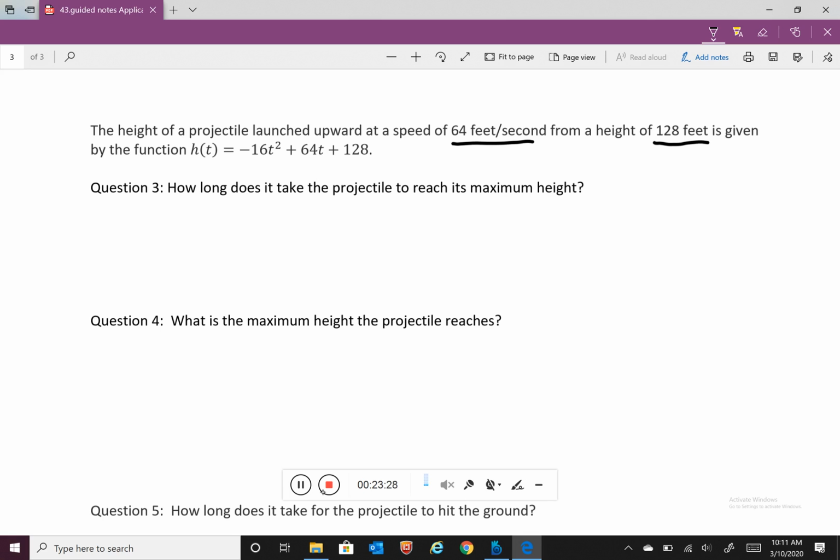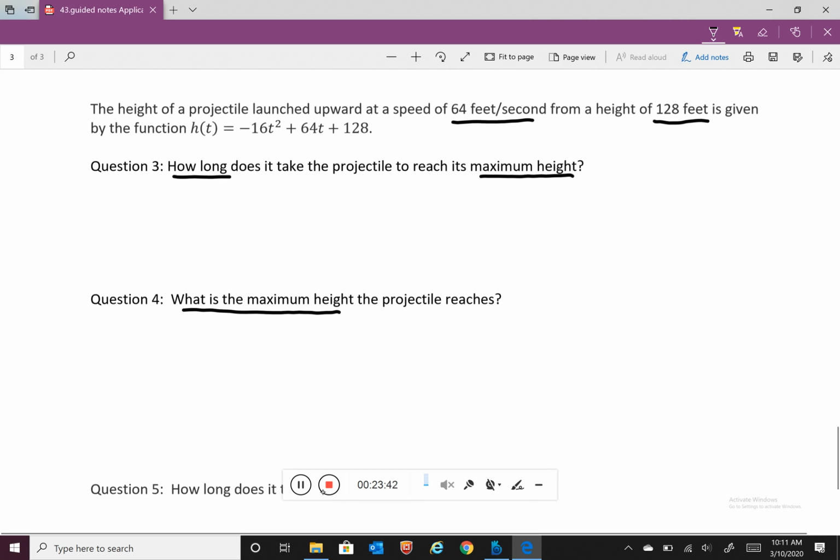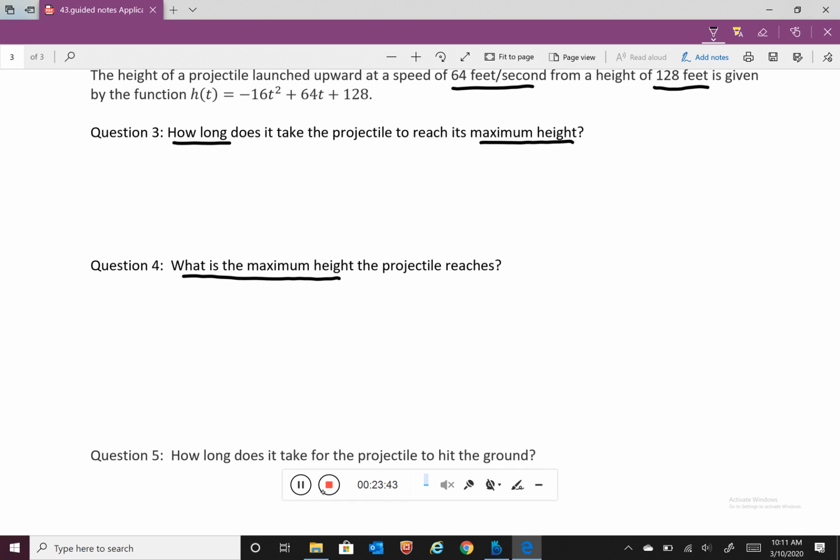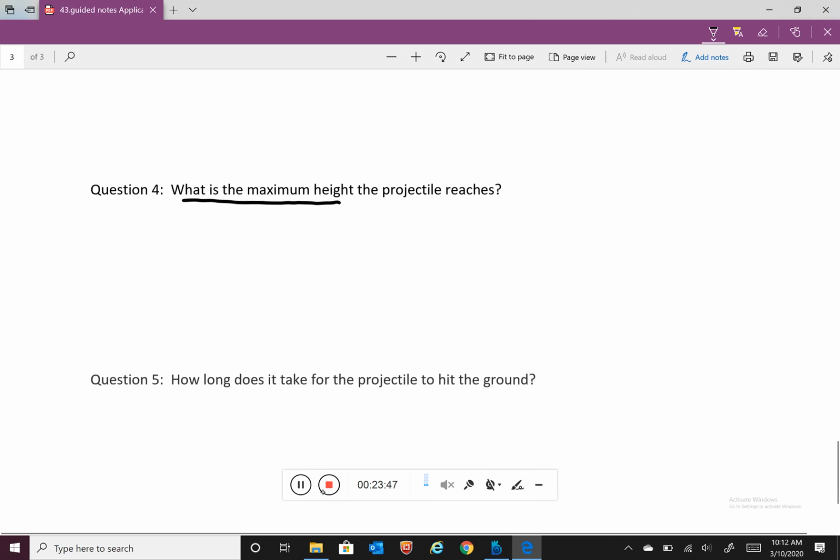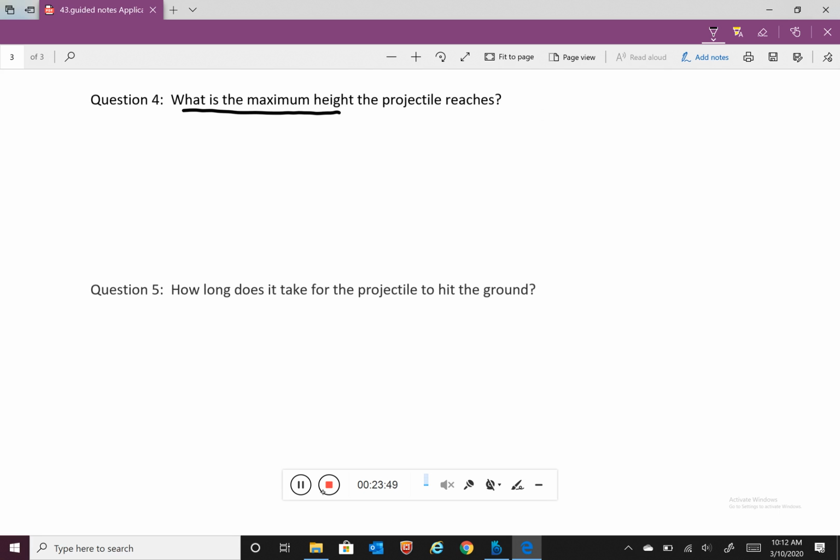I'm asking you to find how long it takes for this projectile to reach its maximum height, and then what is the maximum height, and then finally, how long does it take for the projectile to hit the ground?